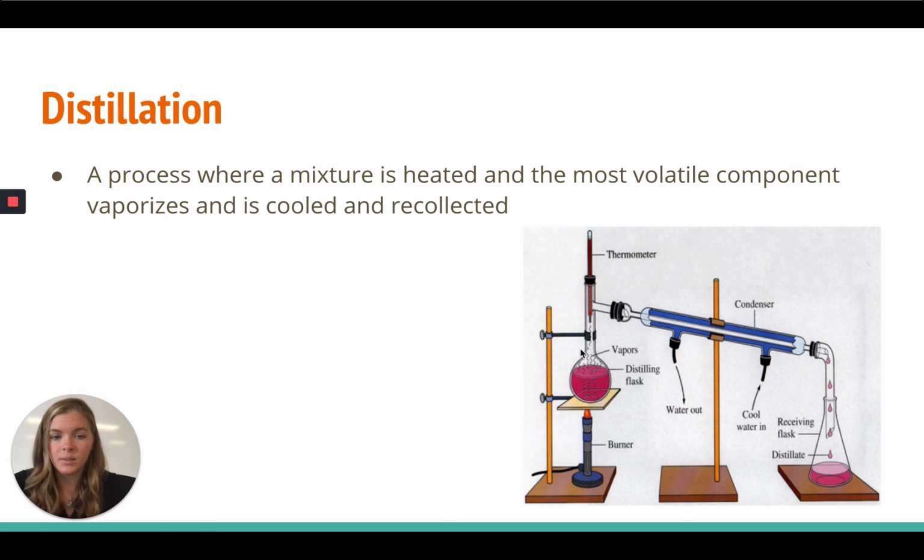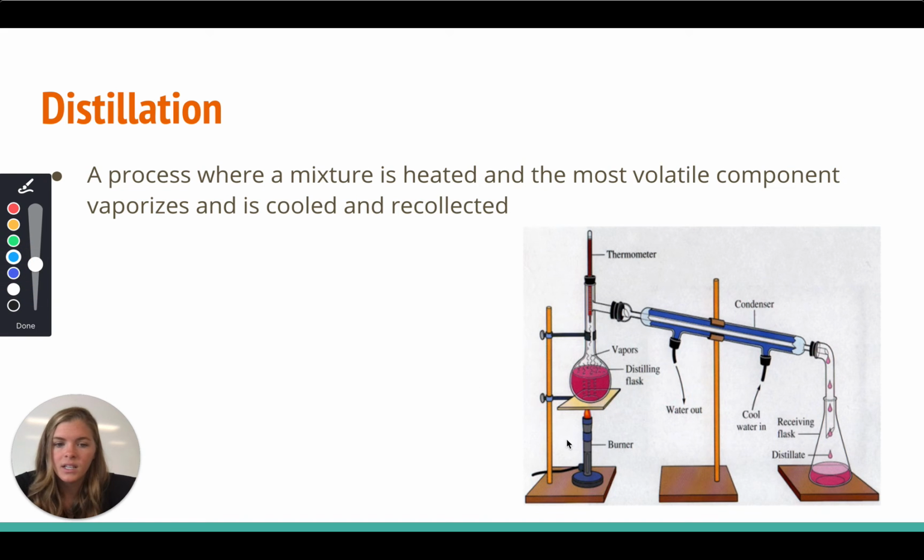As you can see in this picture over here, let me grab my little drawing tool. We're going to heat this liquid and it's going to vaporize up. As it vaporizes up, the thermometer is capping it here and it's going to shoot the gas into what's called a condenser. This condenser has water going through it to cool it.